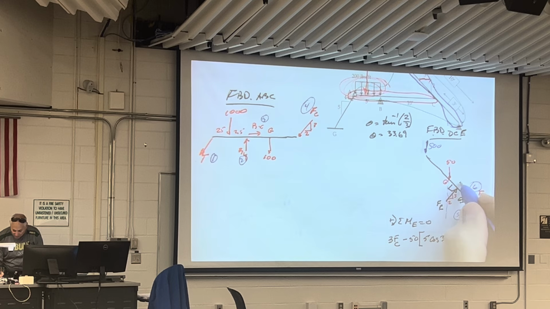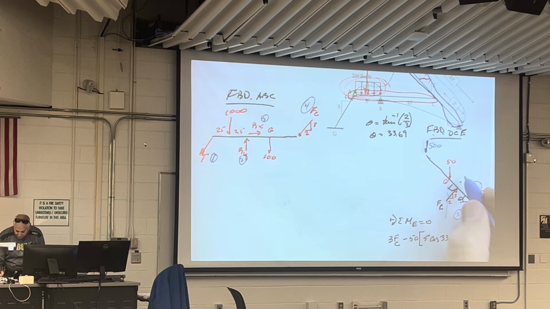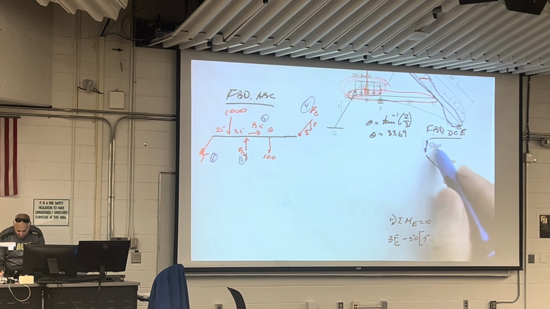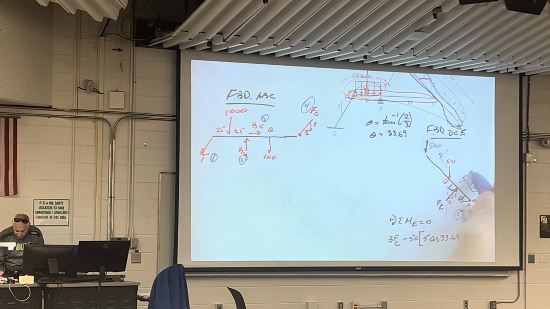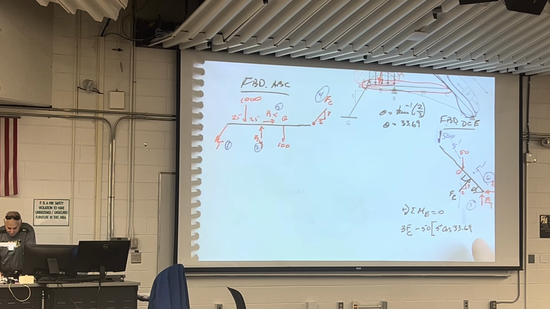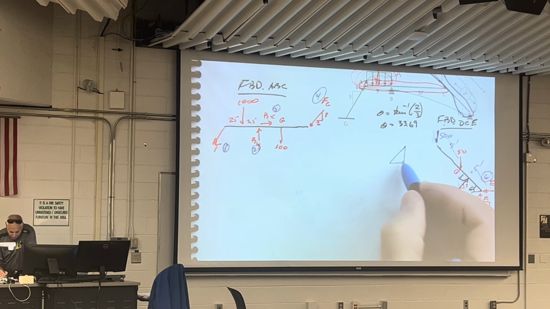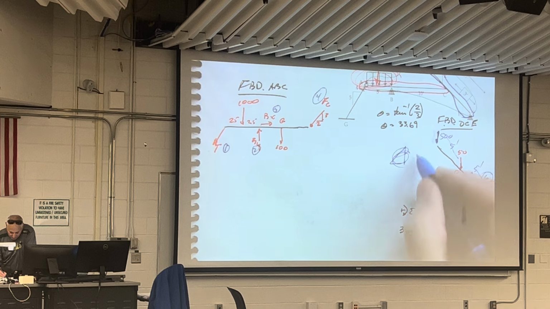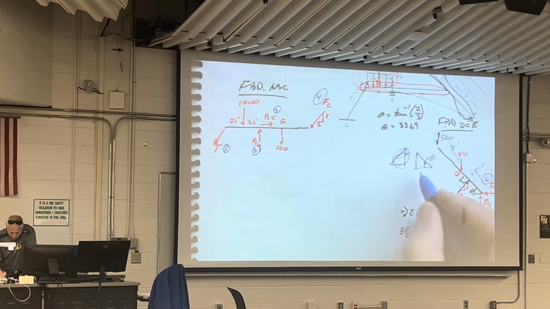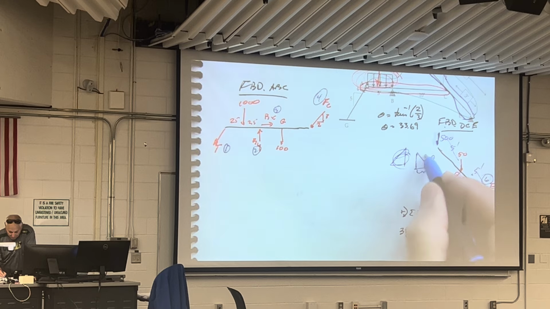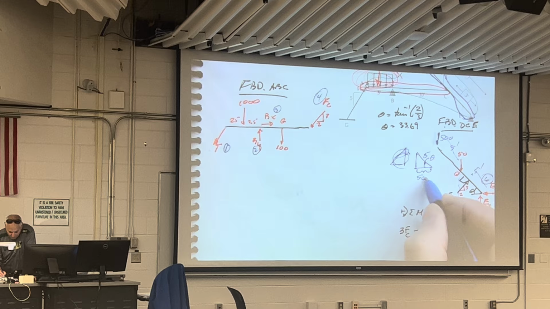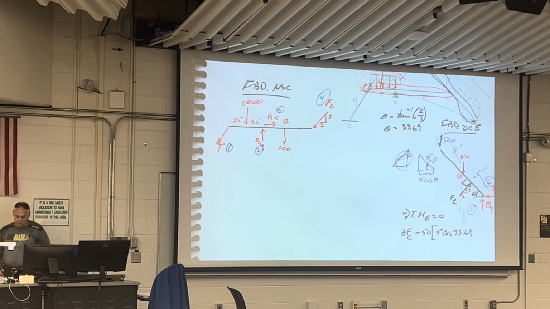Remember, this is a total of 5 feet this way, 5 feet that way, to G. So it's 5, and then I have this basic triangle. It looks like this. That's your angle theta. You're looking for this distance. If this is 5, that's going to be 5 cosine of theta. So that's where I'm getting the 5 cosine of 33.69.